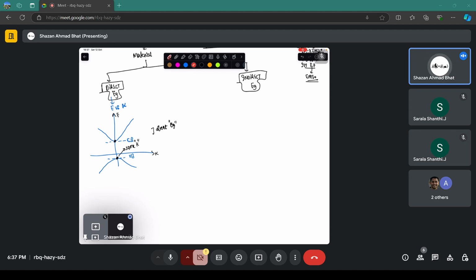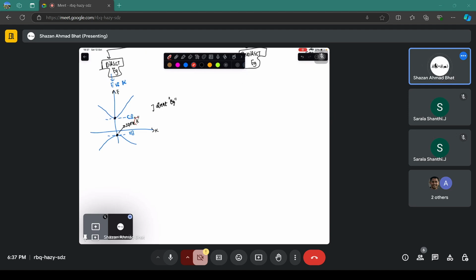And what happens when it's at the same K? Well, K determines the momentum of the electron.